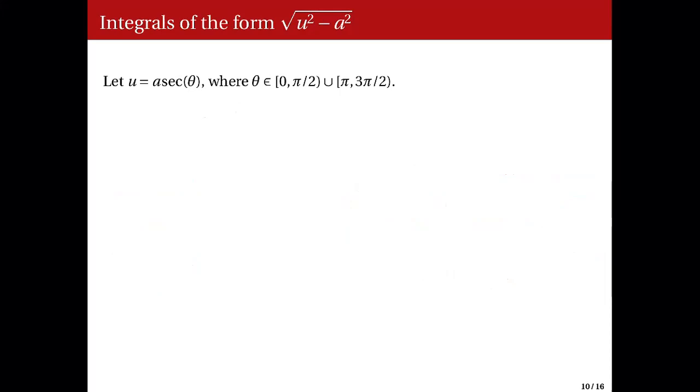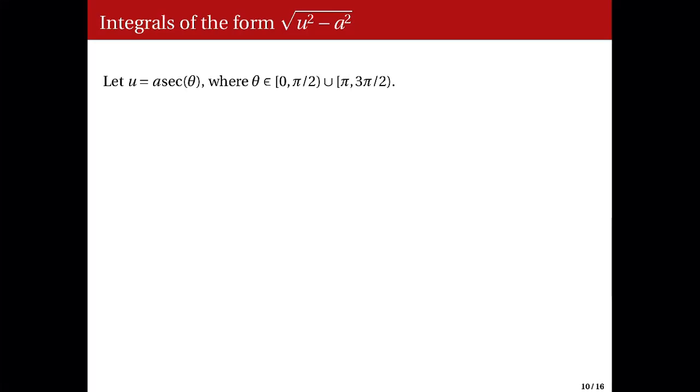Now, let us consider this last form: square root of u squared minus a squared. So we have a minus again, but we interchange the u and the a. For this, we let u be equal to a secant theta.